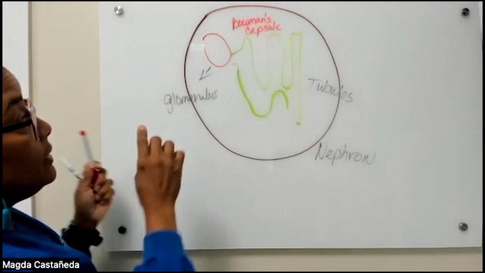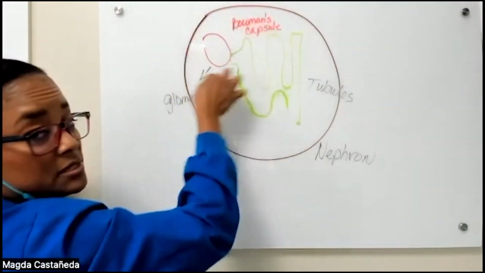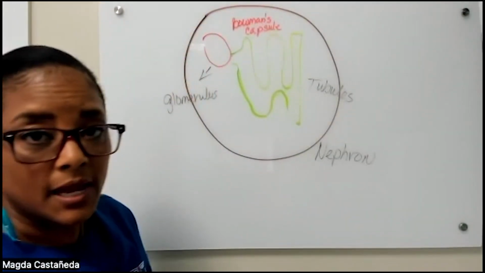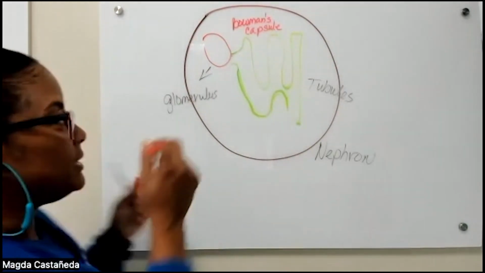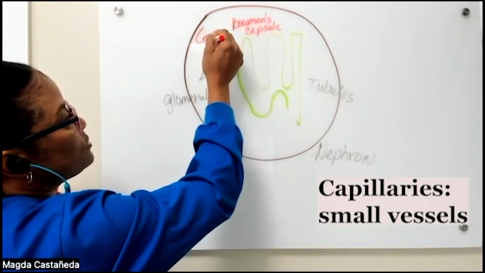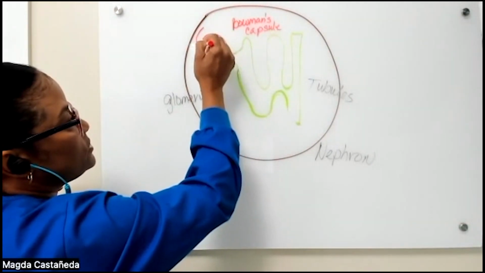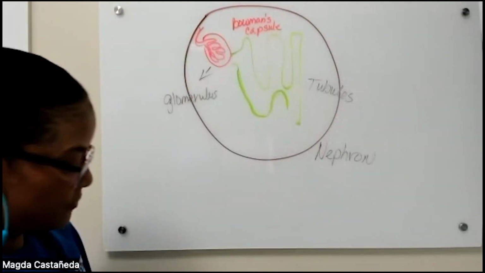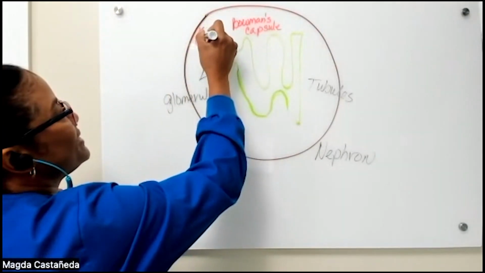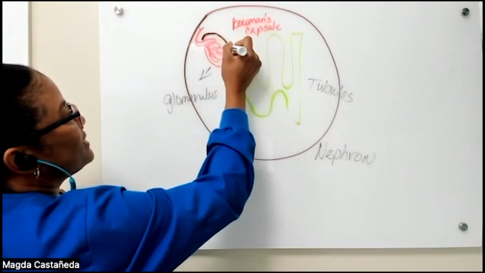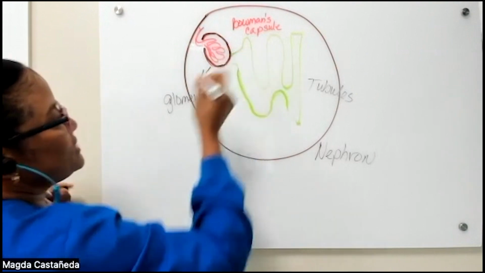So the glomerulus has the Bowman's capsule, which is that capsule on the outside, and then on the inside, it has a bunch of capillaries, so vessels. Let's say these are the vessels. I should have chosen another color for the Bowman's capsule. Yeah, I think this is better, so that you can differentiate it.